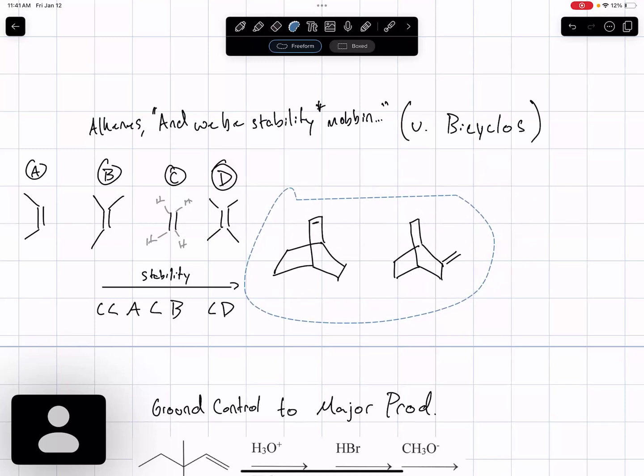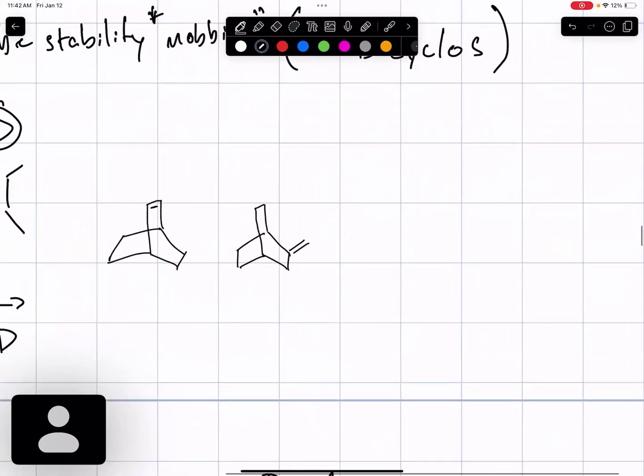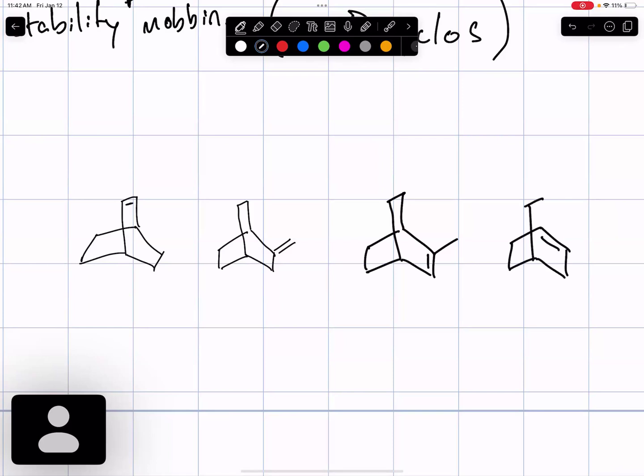Let's draw this bicyclo, this one right here. One more. This bicyclo. All right.